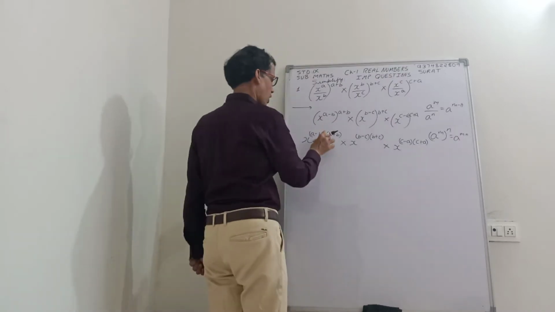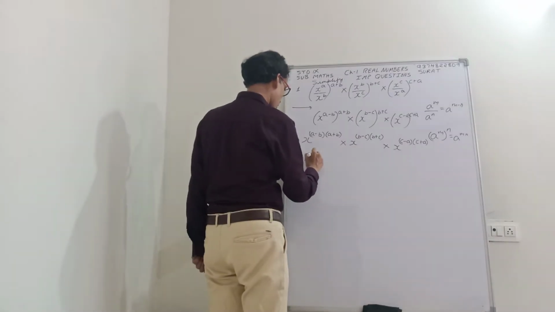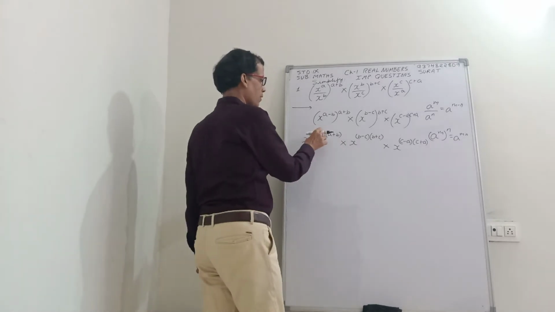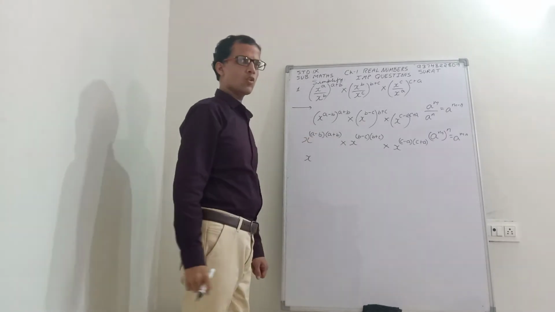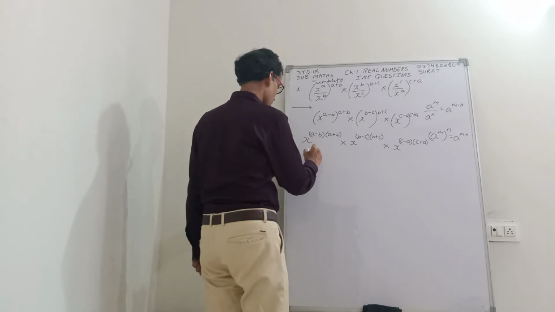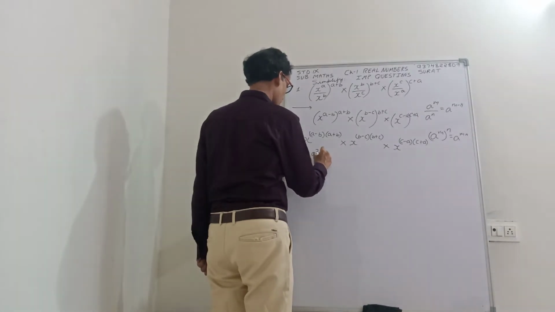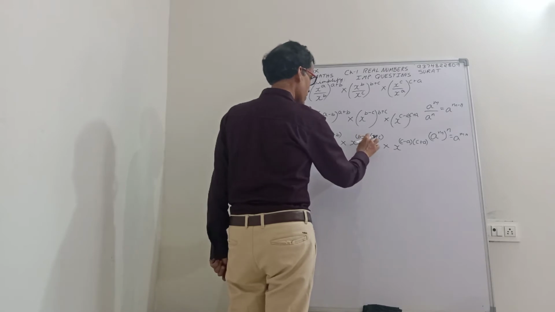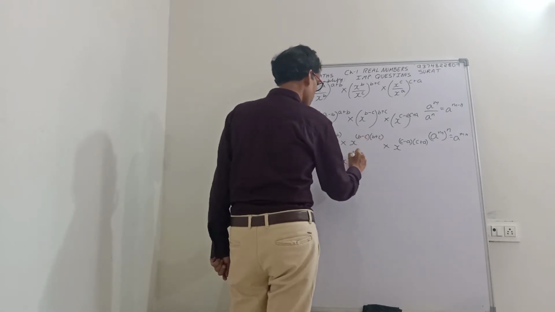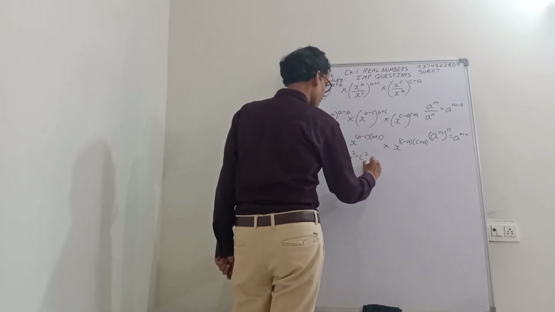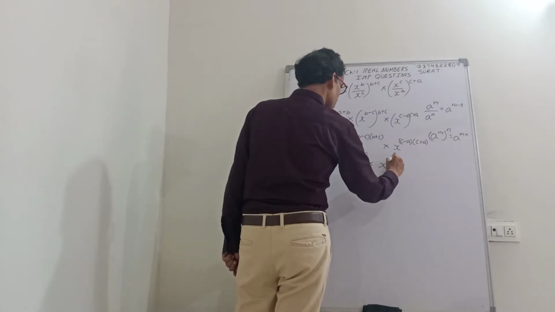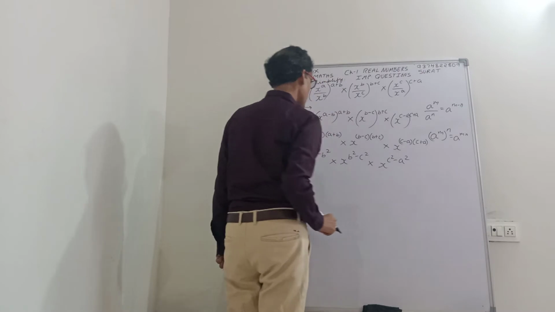Use the identity (a minus b) into (a plus b) equals a square minus b square. Here b square minus c square, and c square minus a square.